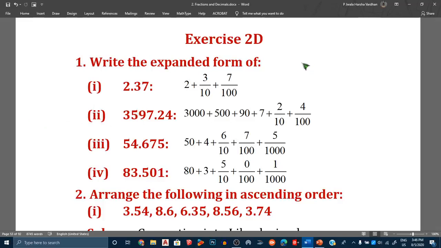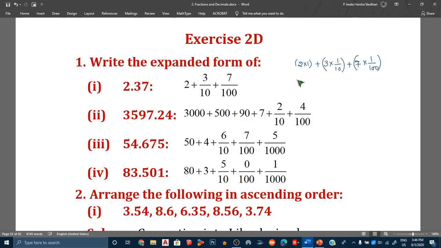So you can write it as 2 into 1 plus the decimal form. First place value, this is 1/10, this is 1/100. So you can write it as 3 into 1 by 10 plus 7 into 1 by 100.